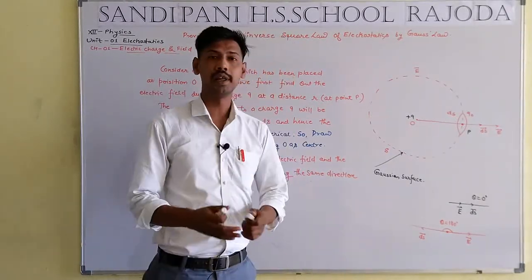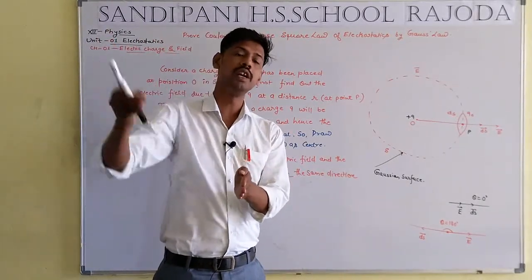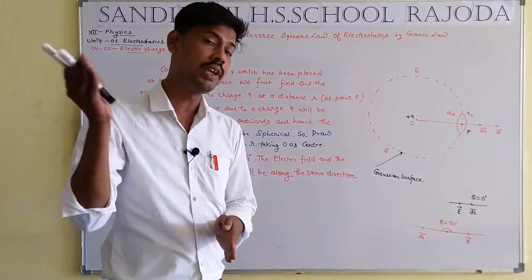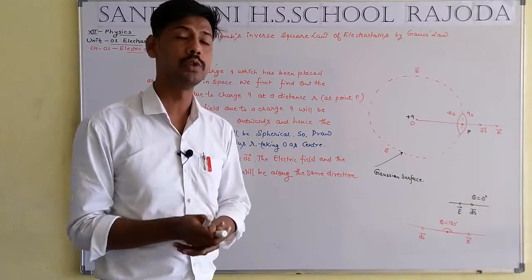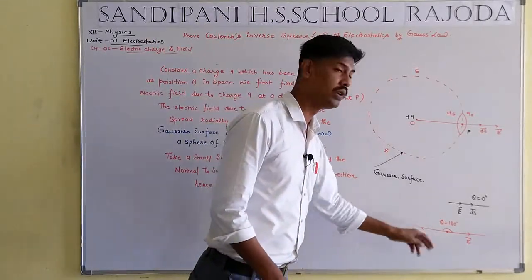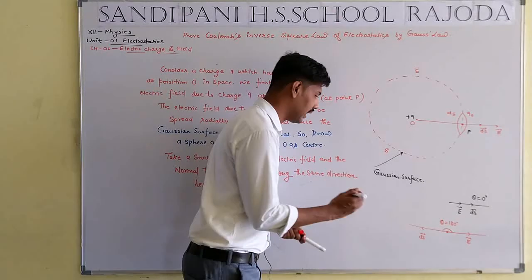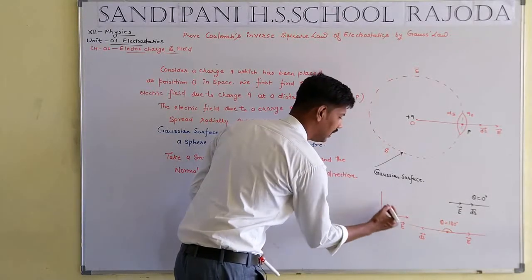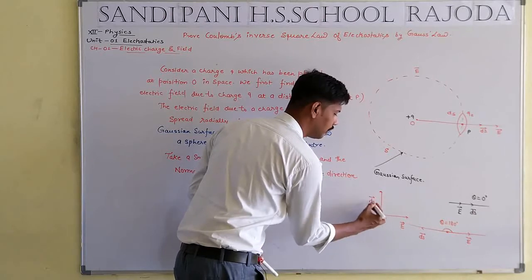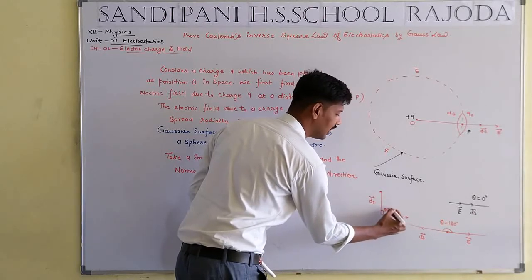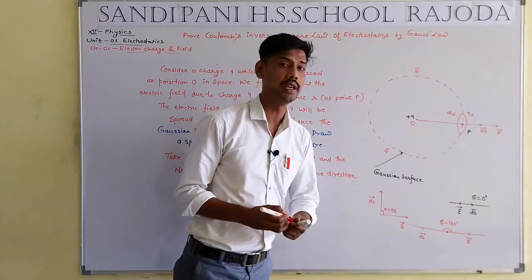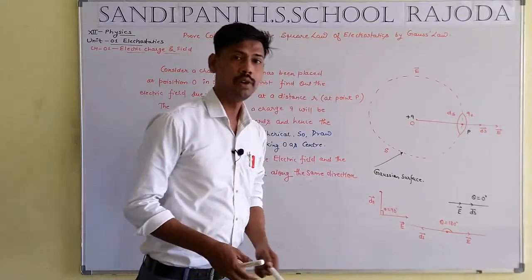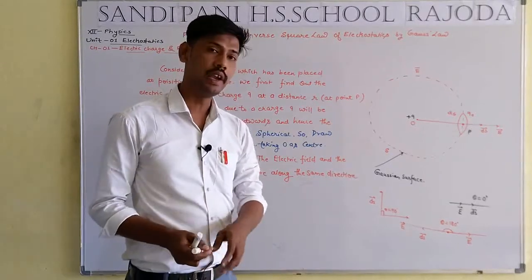Type number 1, when the direction of E and ds are the same, theta is 0. When they are opposite to each other, theta is 180. Finally, the third case, when the direction of E and ds are mutually perpendicular to each other, theta will be equal to 90 degrees. There are three types of conditions for the angle between E and ds.